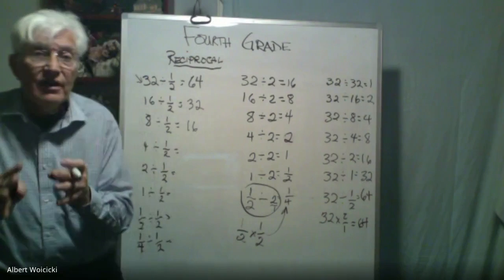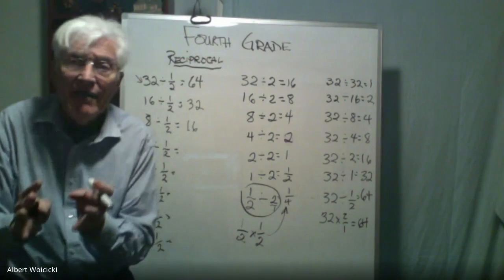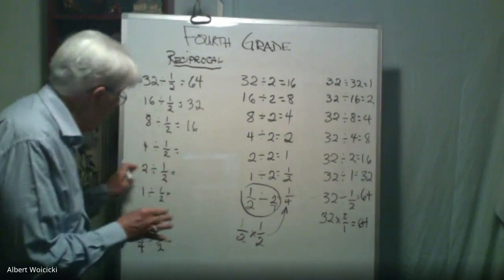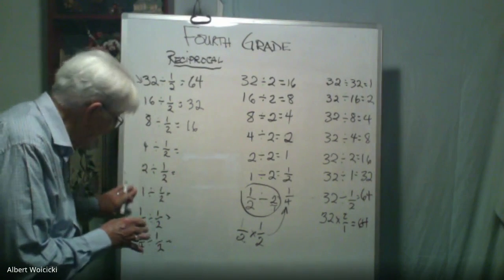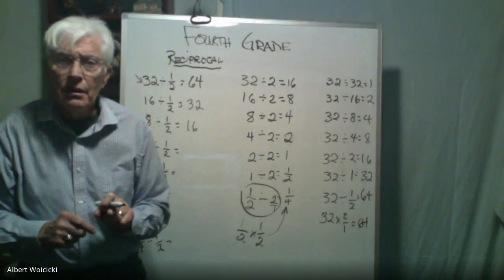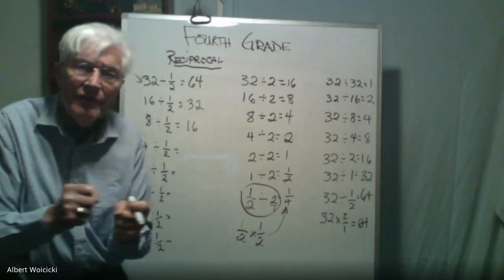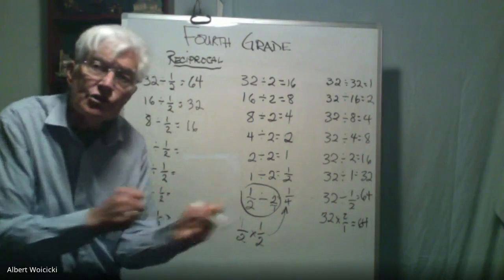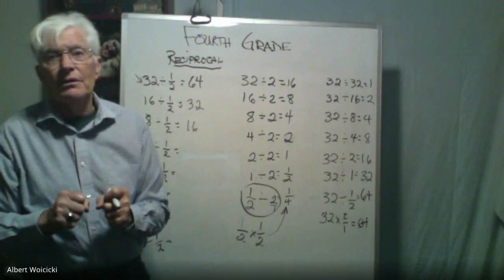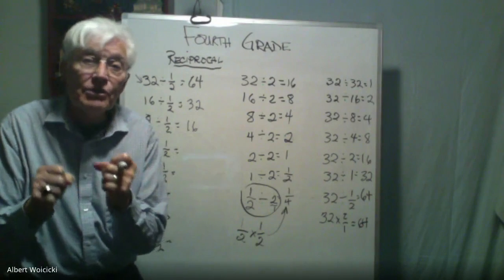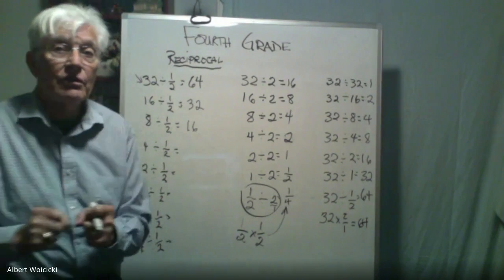Because we're asking how many halves are there in the number we have here? How many halves can I put into that number? Again, the word into, which is the prime idea for division.